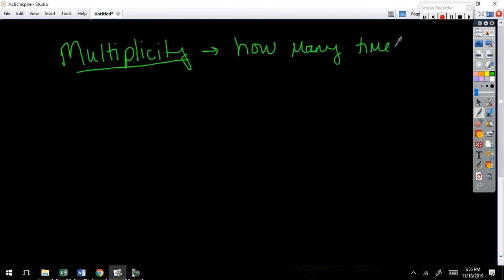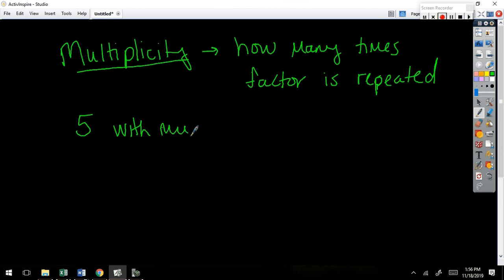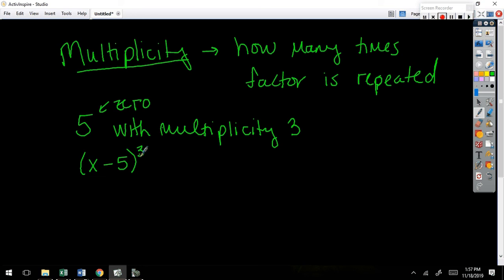So if I told you that 5 was a 0 with multiplicity of 3, well then what that would tell me is that x minus 5, because remember if this is a 0, x minus the 0 is the factor, so x minus 5 actually occurs 3 different times, okay?